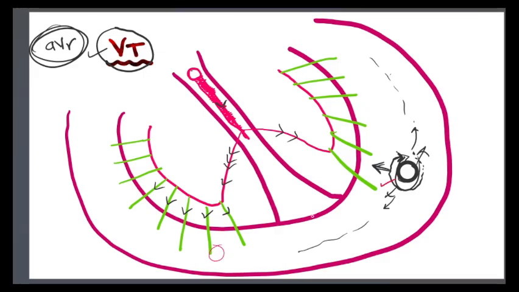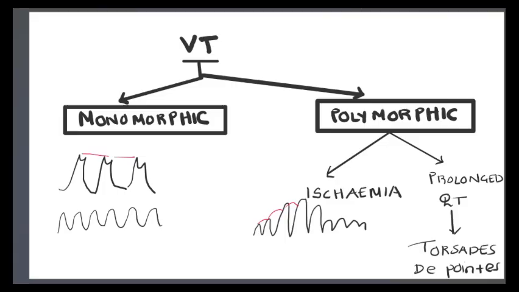Sometimes this would be firing and sometimes this, which is why you are getting different shapes. Or the re-entry circuit may be traveling: first it's here, then here, then here. That can also give you differently shaped waves. So that is about polymorphic VT.